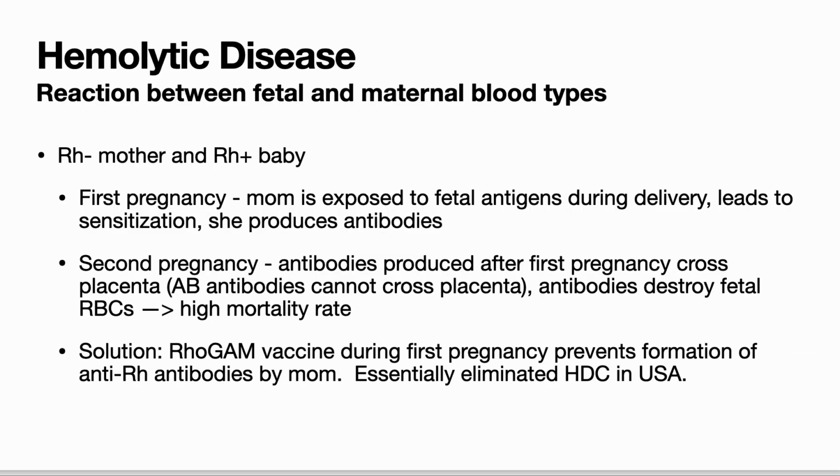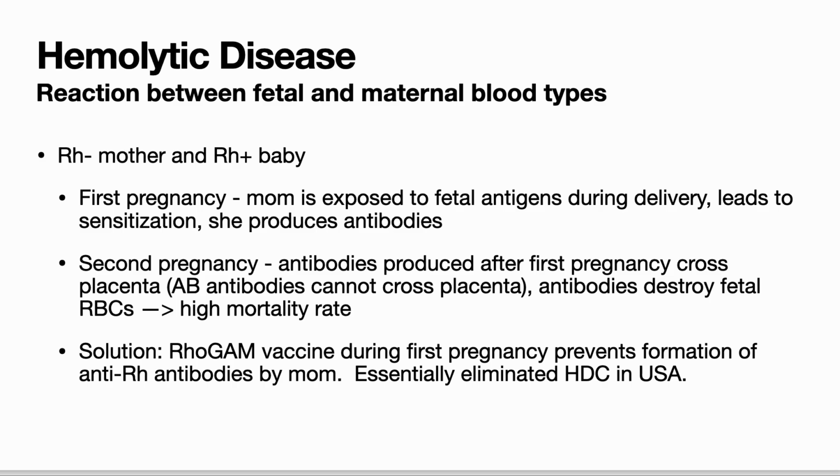All right. Also in lab, you learned about hemolytic disease. This is the reaction between an Rh negative mother and an Rh positive baby. We have essentially eliminated this issue in the United States by using a vaccine called RhoGAM.